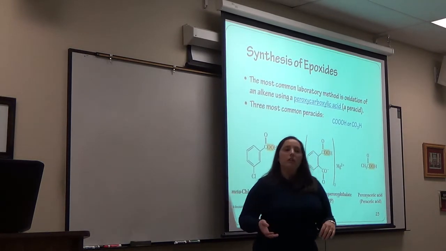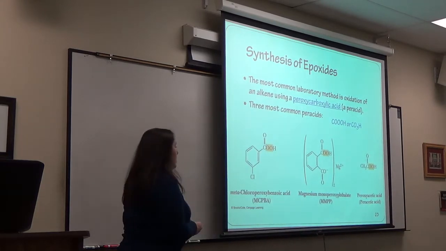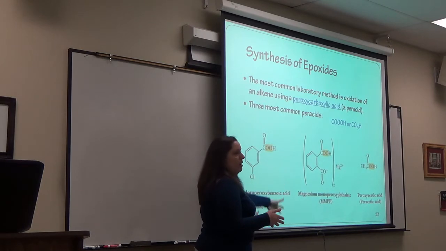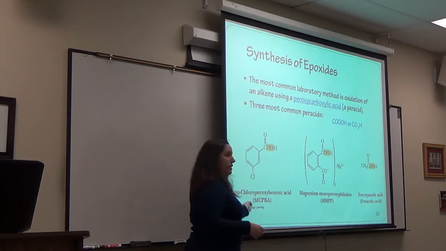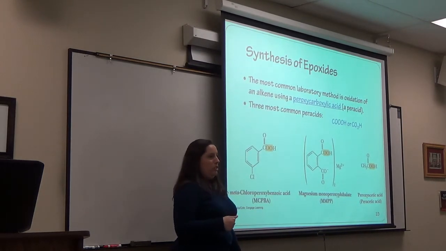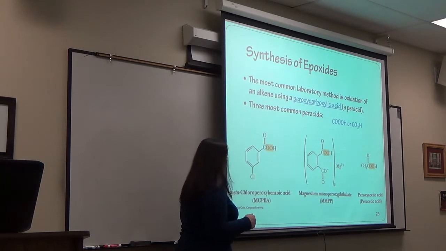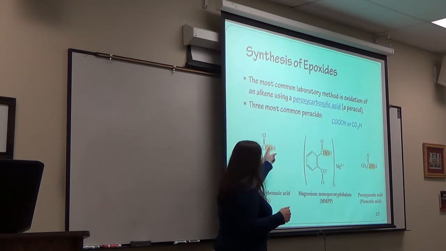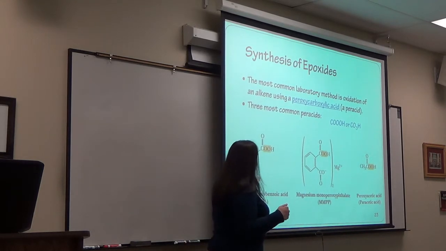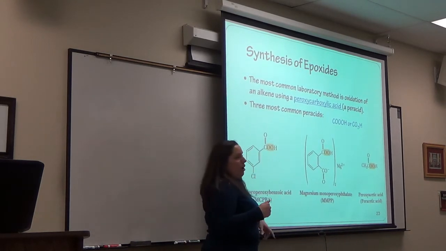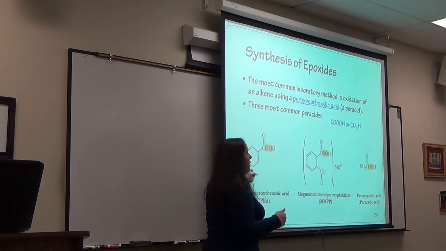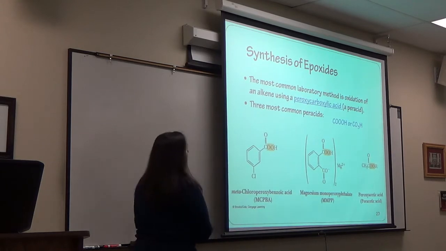So in the presence of this peroxycarboxylic acid, and these are just some examples of them, so MCPBA, this is how I will write it down, so you kind of want to be familiar with some of these abbreviations, but basically it's metachloroperoxybenzoic acid. So again, the benzoic acid would be this part, but you're adding an extra oxygen, and then the chloro here is meta to the carboxy there.